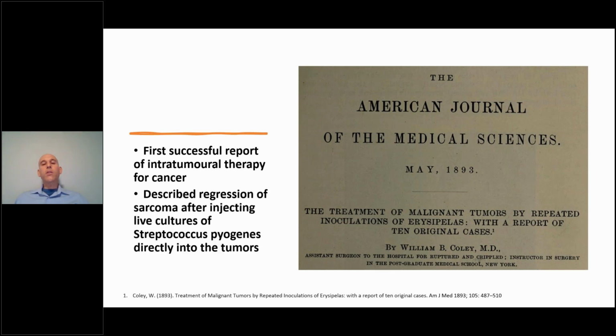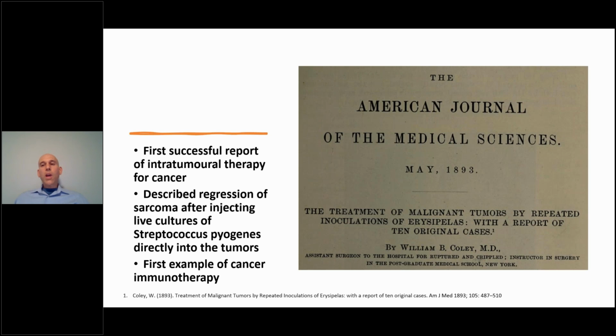He had a series of sarcoma patients with visible lesions, and he would inject them with live cultures of Streptococcus pyogenes. And what he saw was the regression of the sarcoma lesions visibly that he could see and he could measure after he was injecting these live cultures directly into the tumors. So this is really the first example of cancer immunotherapy, and this is 130 years ago.